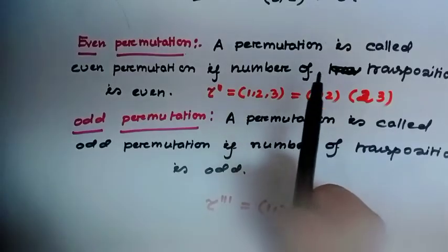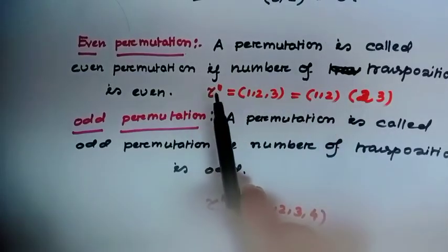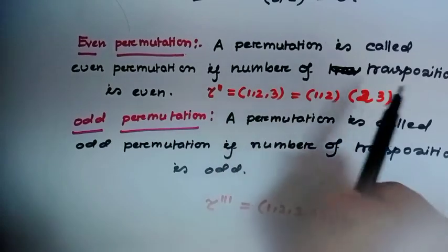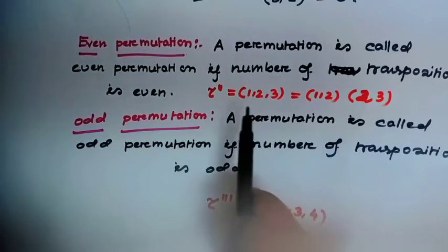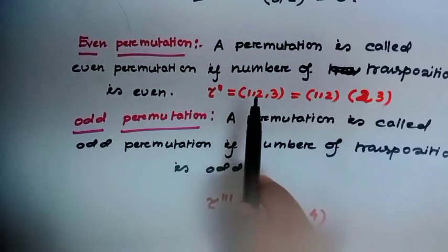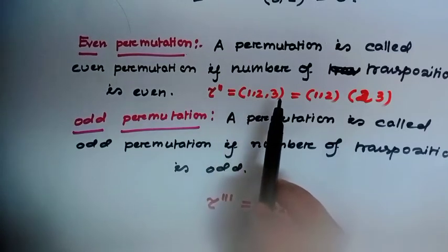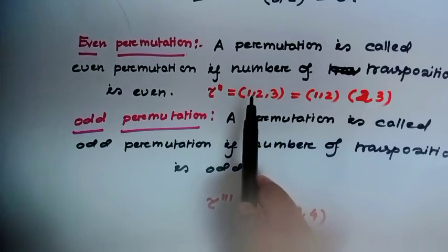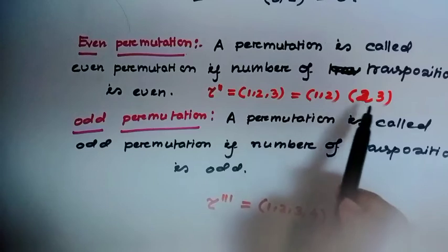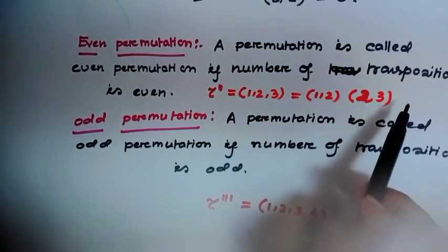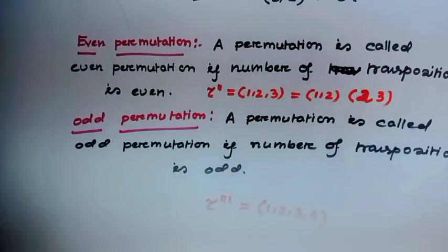A permutation is called an even permutation if the number of transpositions is even. Look, tau double prime equal to (1 2 3). Here the length is odd, but the number of transpositions is 2. So this permutation is an even permutation. Okay?